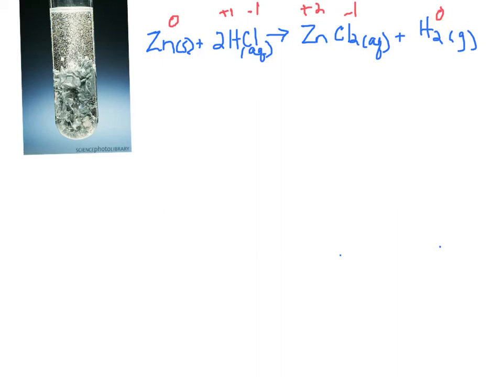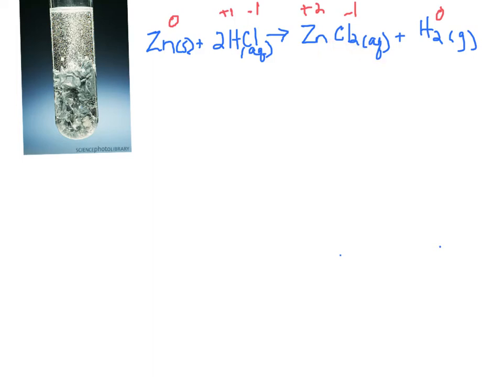And then the chlorine, or the chloride ion, has an oxidation number of -1 on the reactant side, as well as the product side. So the chlorine actually did not take part in this redox reaction. The reaction happened between the zinc and the hydrogen, since that's where we see a change in the oxidation state.